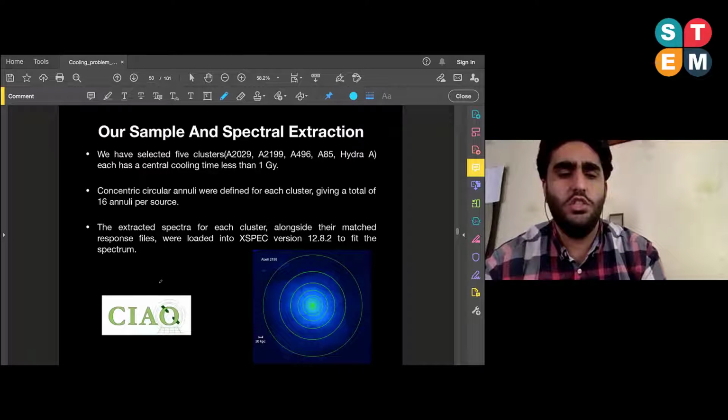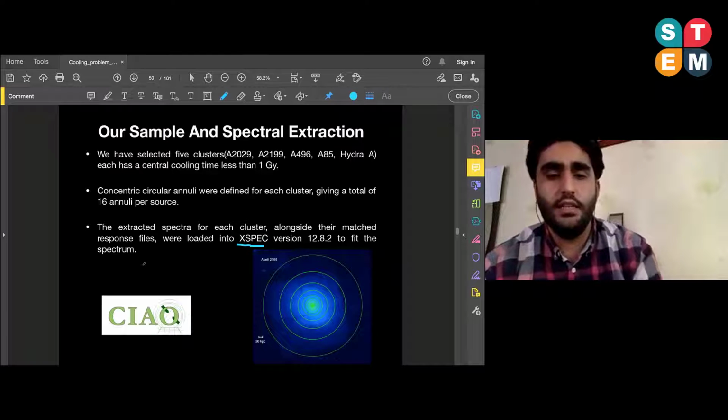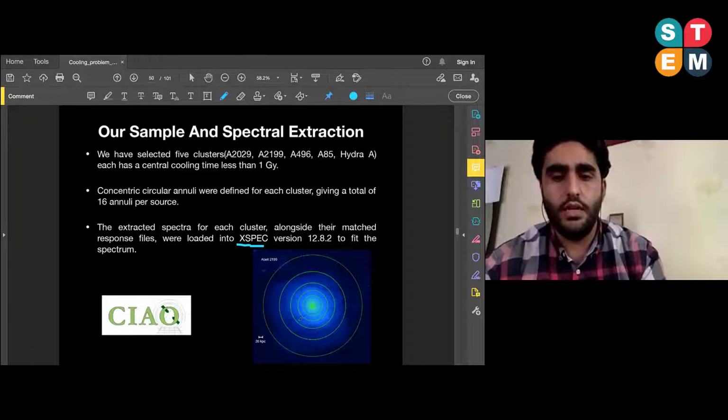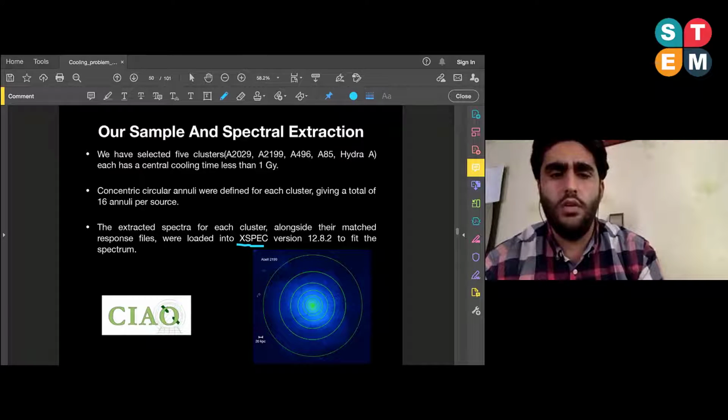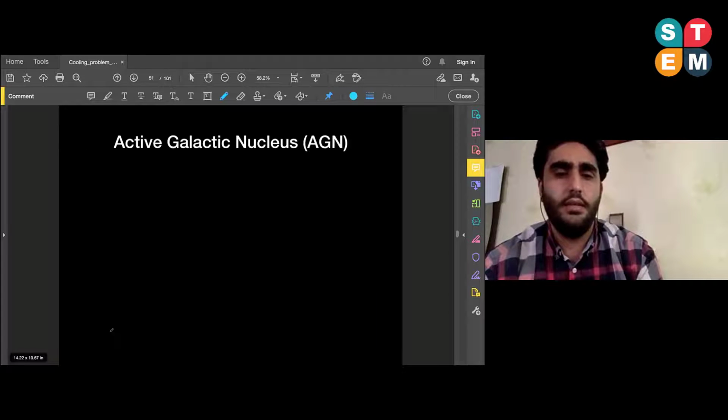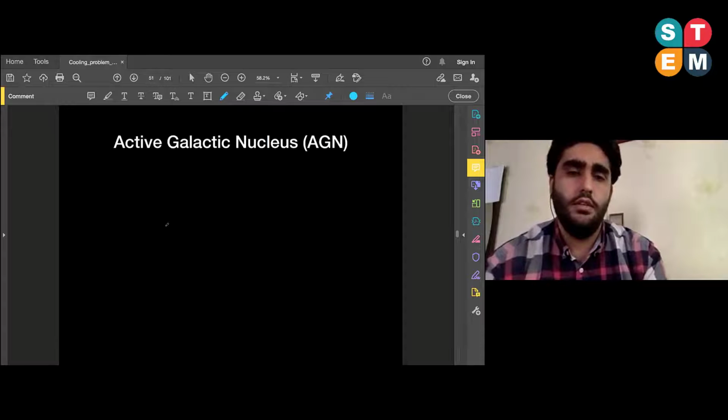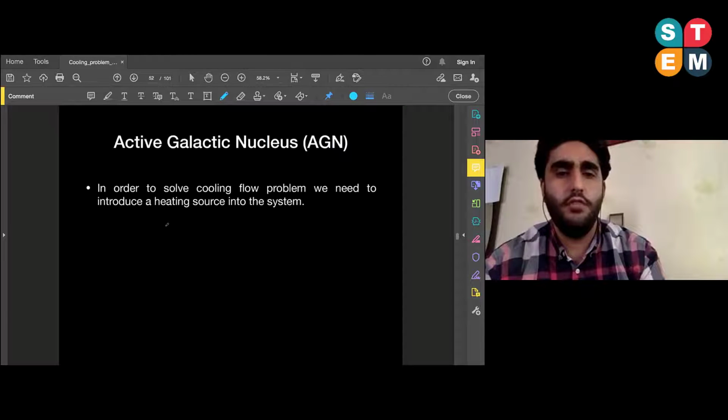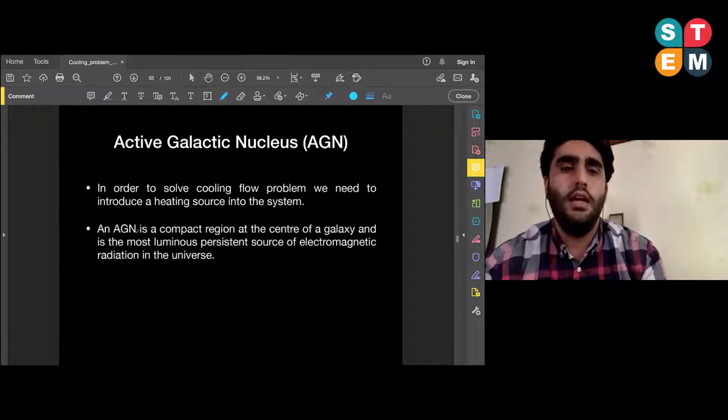We have used CIAO in order to extract spectra, and we have used XSPEC in order to fit the extracted spectra. You can see the annuli that I talked about. There are 16, and after extracting data, we can fit it with XSPEC, as I explained.